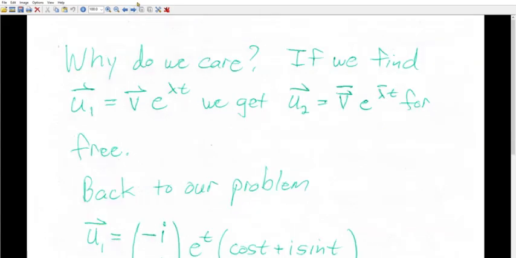So why do we care about this? Well, what it says is, if you can find a solution u1, which is eigenvector times e to the eigenvalue t, you get that u2, eigenvector conjugate times e to the eigenvalue conjugate t, is a solution for free. So if you know a u1 from this method, you get a u2 from this method for free.